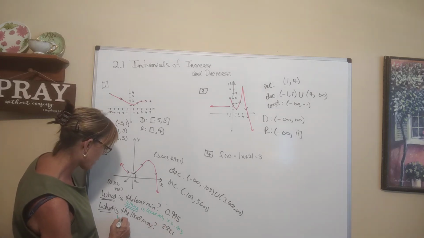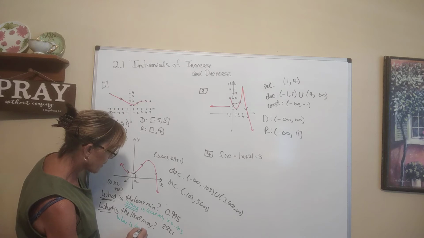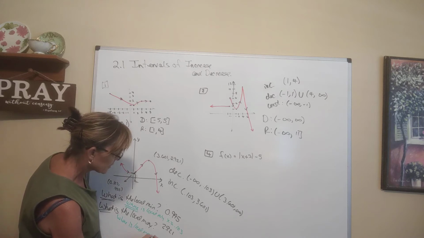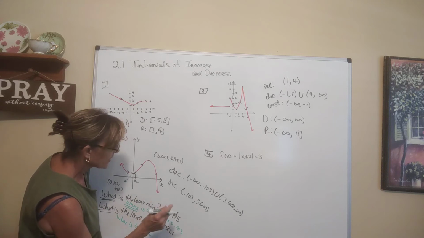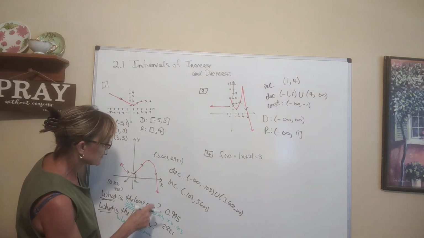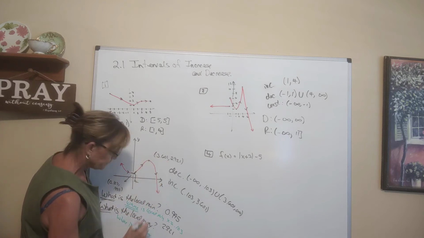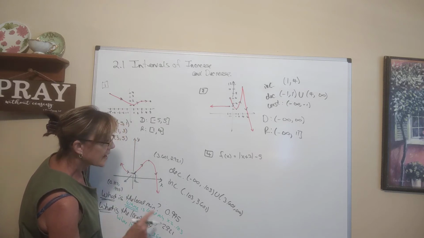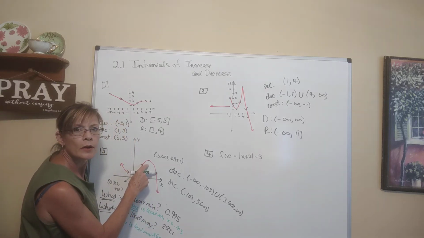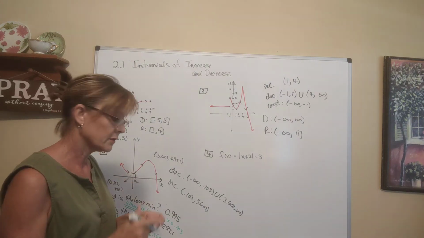If they said where is the local max or relative max, you would say at 3.601, or you'd say at X equals 3.601. Okay, so "where" language is X values, "what" language is Y values.